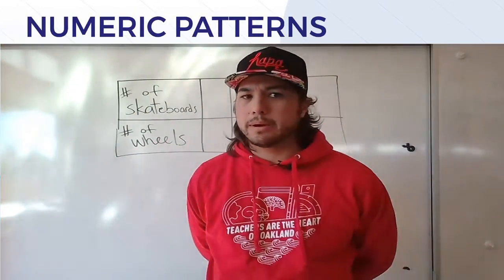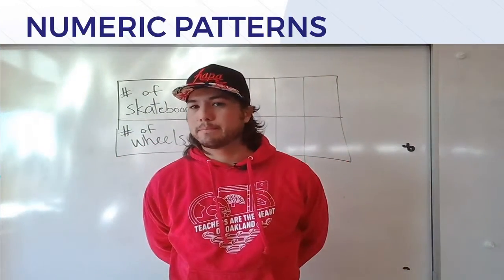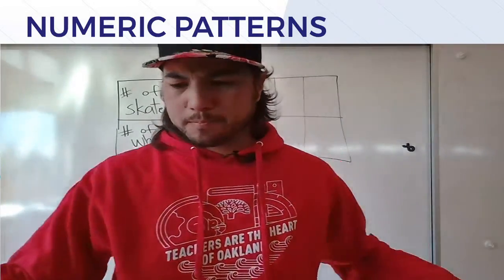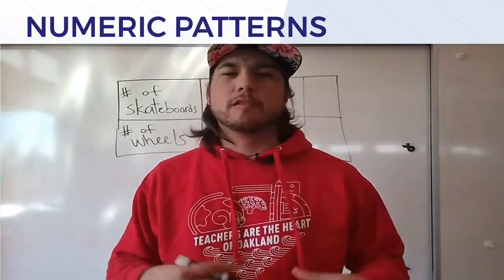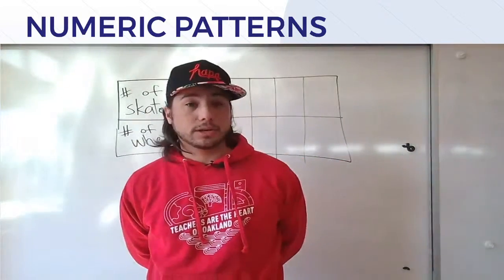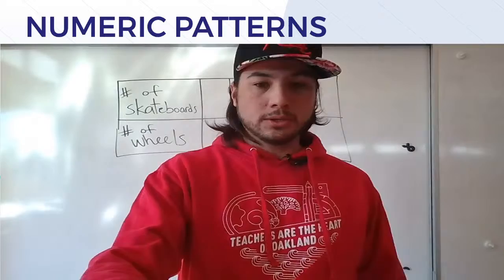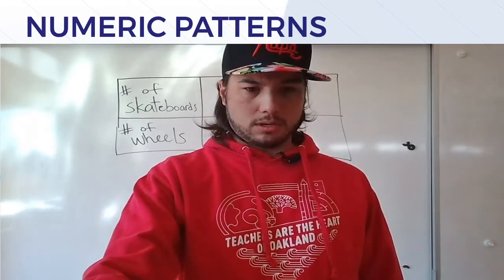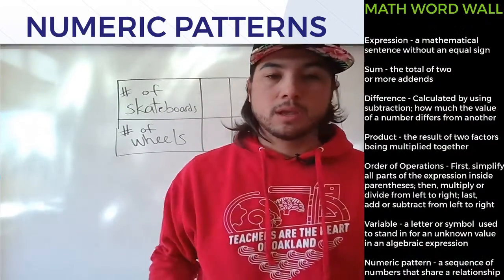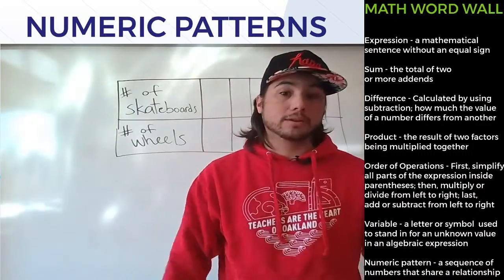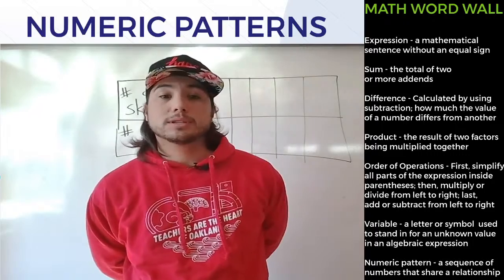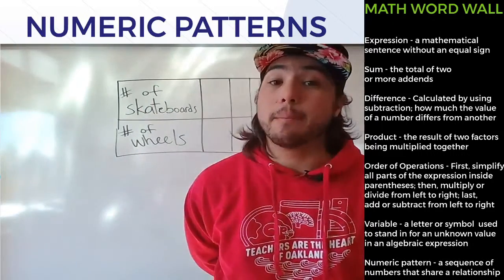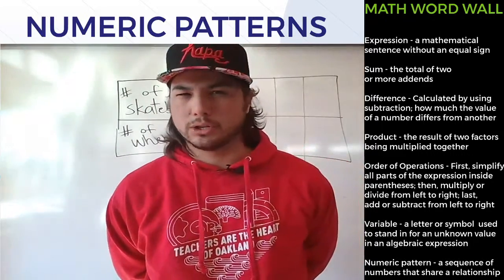So when we're thinking about, see, there it is again, numeric patterns, we really want to think about putting it into context. Yesterday we talked about numeric patterns, and let me pull the word wall up. There it is, at the bottom. A numeric pattern is a sequence of numbers that share a relationship.